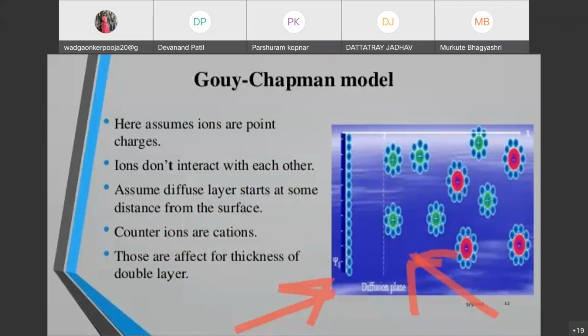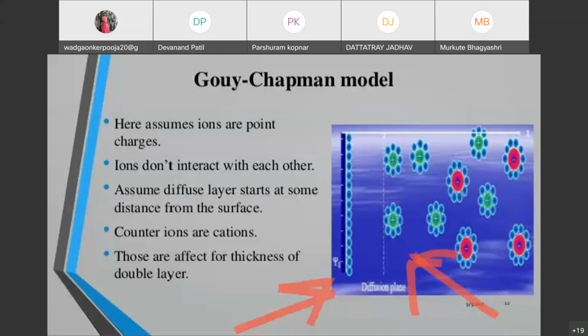They are non-rigid ions, meaning they can move easily, with differences between the stationary layer, you can say the electrode, and the other diffused ions.